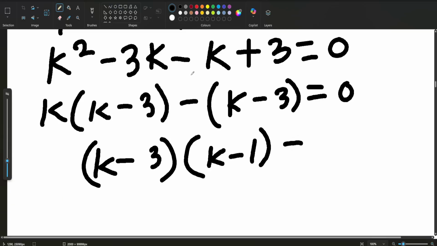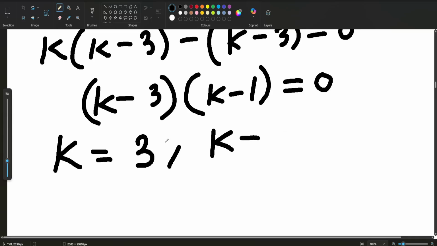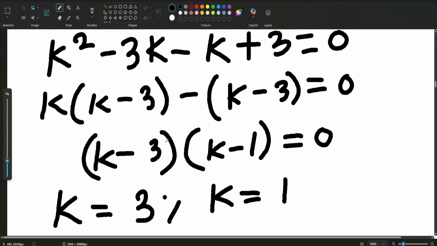That is equal to 0, and from there k is equal to 3. When you equate this to 0 and take the minus 3 to the other side, k becomes 3, and k is equal to 1 here. So we have gotten these two values of k.